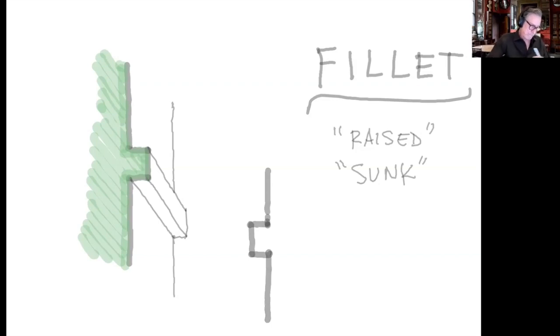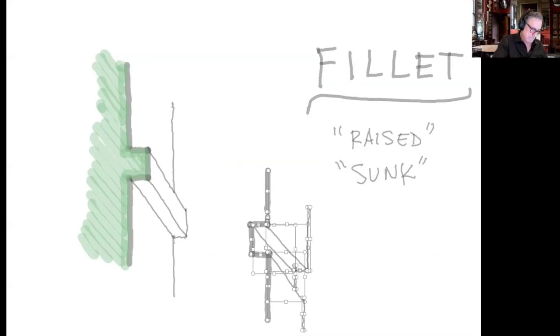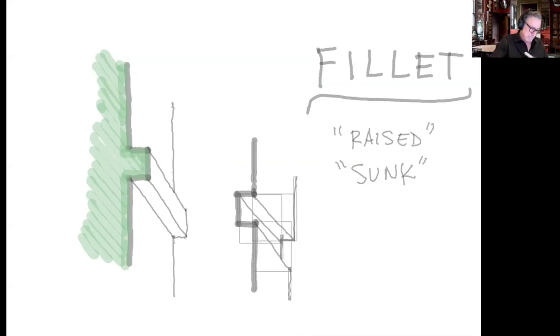And then if we draw our light lines, our 45s, like that, that gives you a feeling for what a sunk fillet is like. And then let's shade the solid portion again.